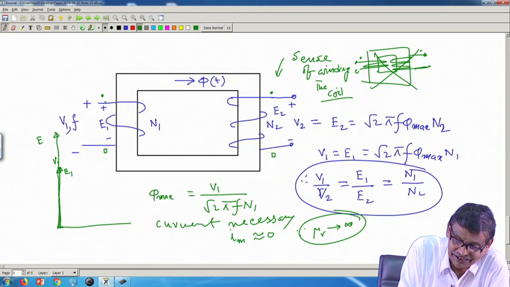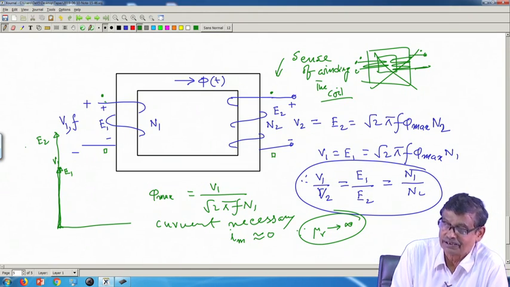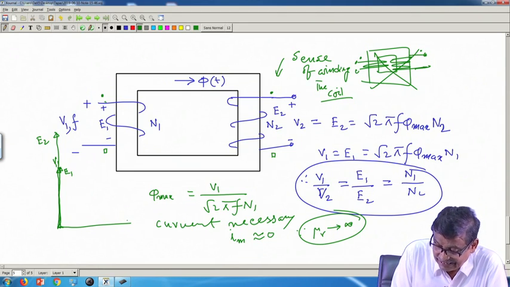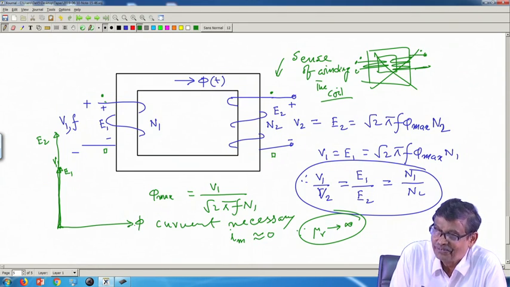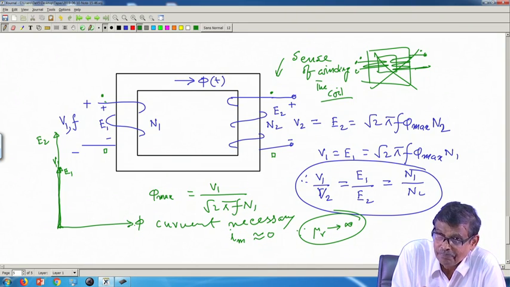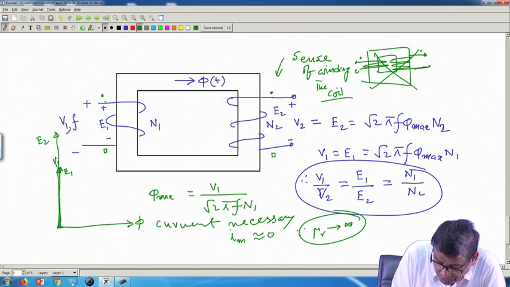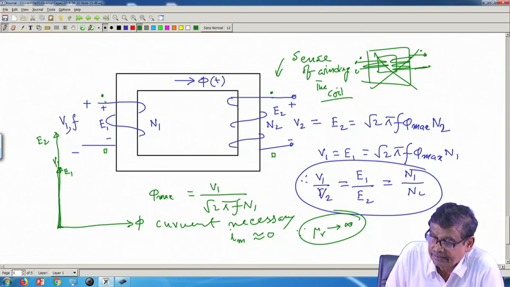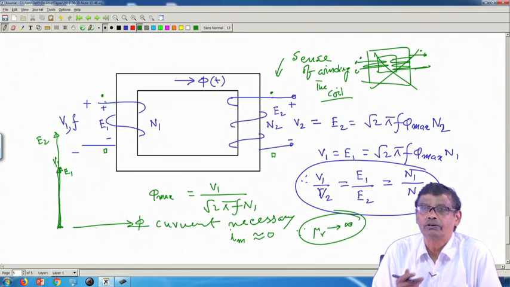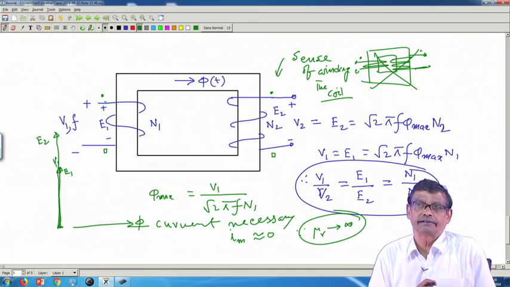All voltages, induced voltages and applied voltages, this is V1, will be in time phase, and this is the direction of phi. Why phi? Because phi is proportional to Im; although Im is vanishingly small, it creates a finite flux. So, the flux phasor will be along this line. We will continue with this in the next lecture. Thank you.